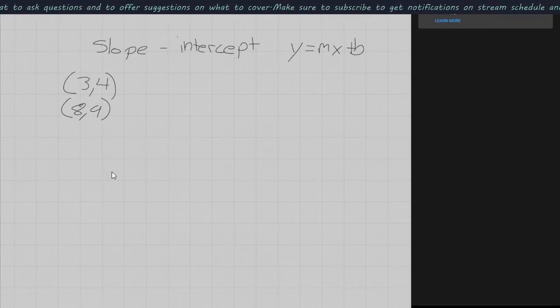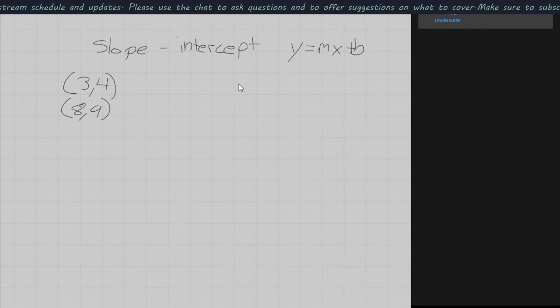And next year you will be given 2 ways that you can solve this. I'm going to show you one of the ways. The other way uses a form called point slope, which I'm not going to go over this year because you don't need to know it, but that is another form that you will need to know next year, and you can use that to also solve a situation like this. Okay, so first thing that we need to do is solve for the slope.